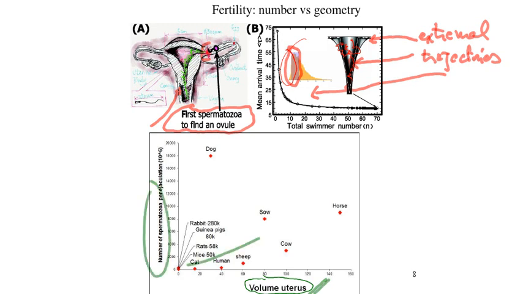As you can see here, there is a trend. There is a trend to say that because it is very hard to find a small target, if you have a large volume, then you need to compensate this by a large number of spermatozoa. But the evolutionary explanation is still missing to understand this phenomenon.